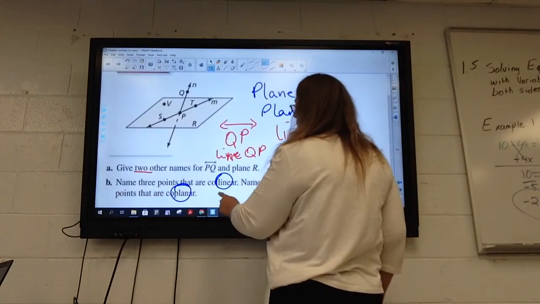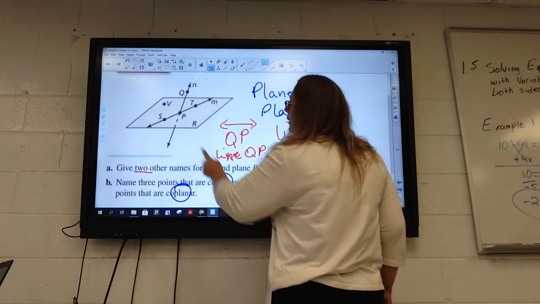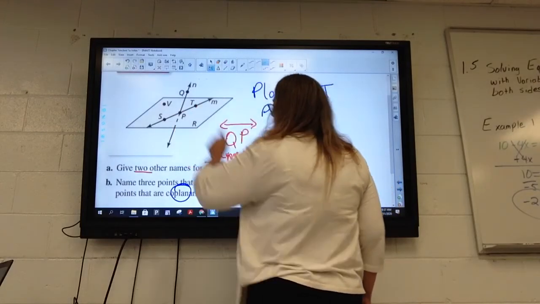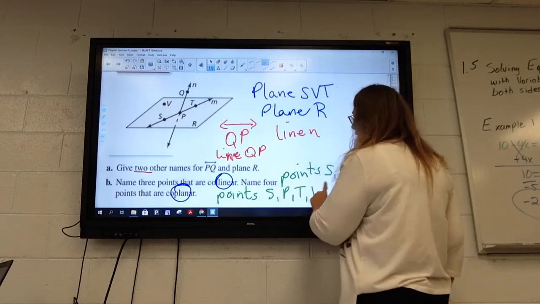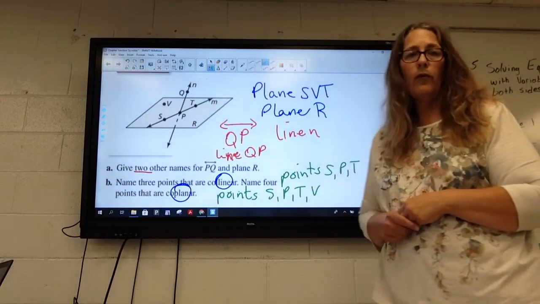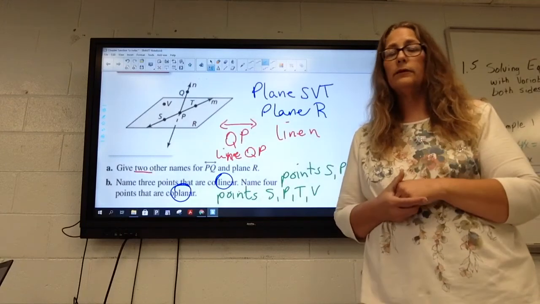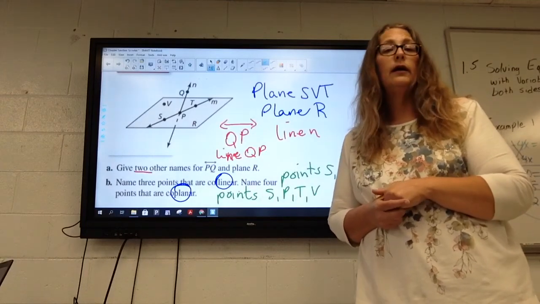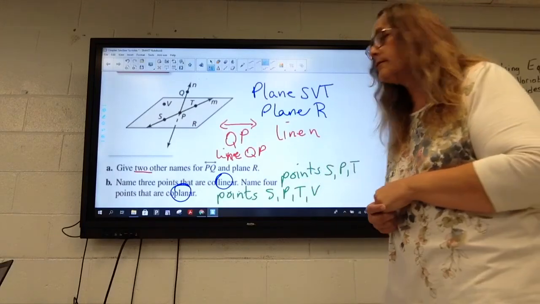So you have points S, P, T, and V. Those are your 4 points that are coplanar. Does not have to be in that order. You can mix them up. You can try and spell words if you want. You can put them in alphabetical order, but those are your only options that you can use.